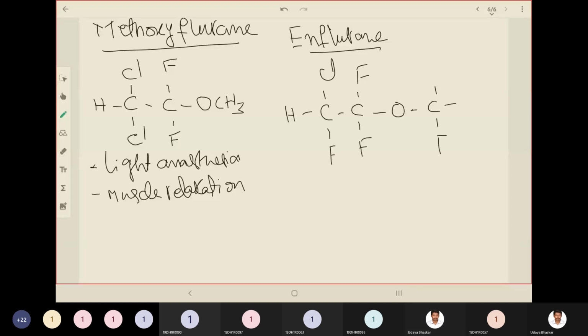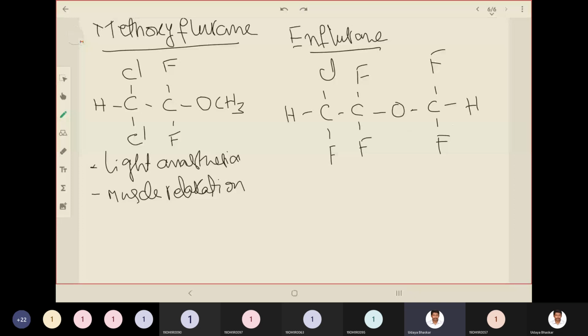Here you have one fluorine, second fluorine, and the hydrogen. So if you compare methoxyflurane and enflurane, here one chlorine is replaced with one fluorine, and the remaining side part is the same. Here an ether link is there, linked to CH3, in which two hydrogens are replaced with two fluorines. So this is how you can compare methoxyflurane and enflurane.